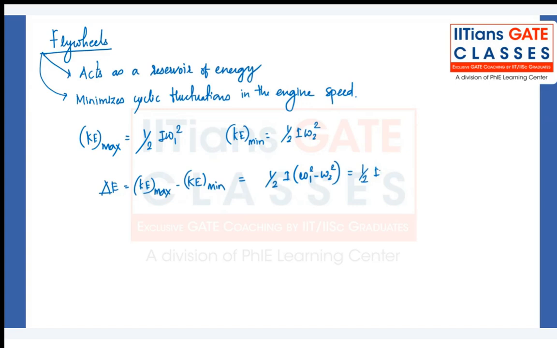Omega 1 square minus omega 2 square is (omega 1 plus omega 2) times (omega 1 minus omega 2).